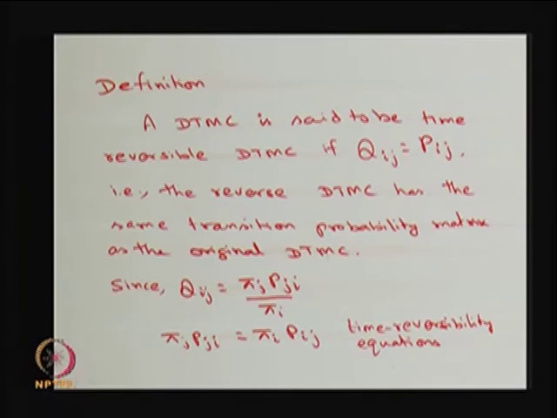Now, I am going to equate this: Q_ij is equal to P_ij. Therefore, that is the same as pi_j P_ji equal to pi_i P_ij. If this equation is satisfied, then that DTMC is called a time reversible Markov chain. And this collection of equations for all i, j is called the time reversibility equations.